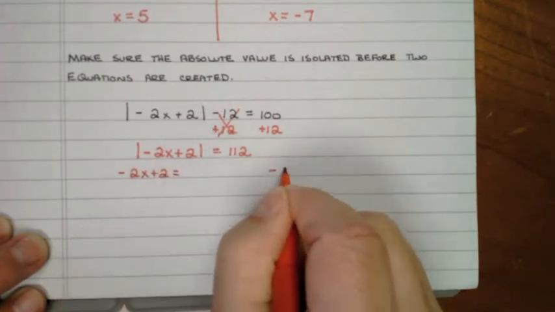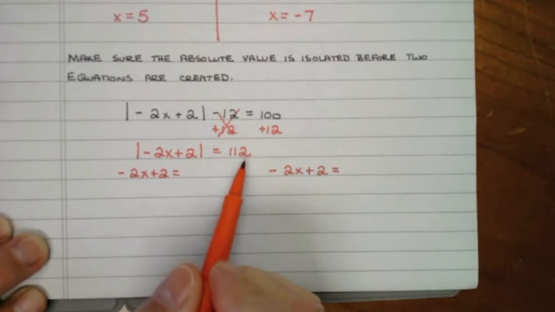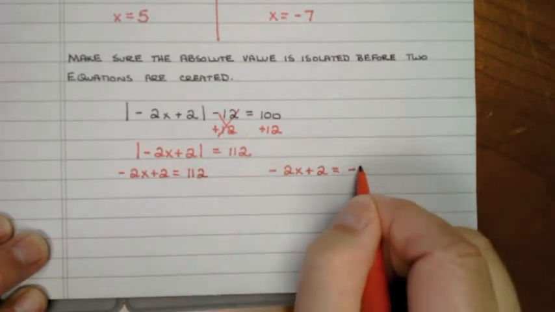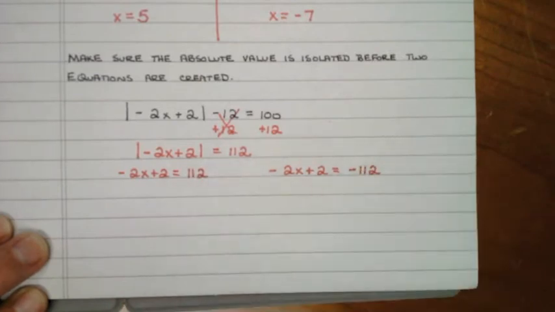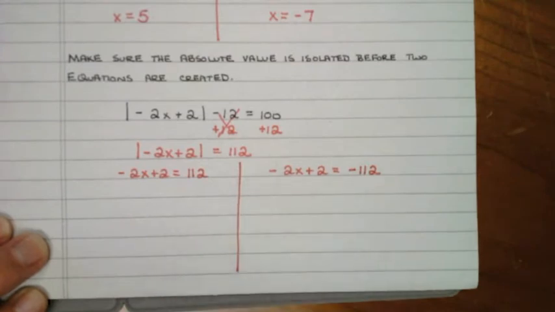You write that down twice. What's on the outside over here on this side of the equal sign is what changes. One time you write it down as positive, the other time you write it down as negative. These are the two equations you need to solve to determine what the answers are to this absolute value equation.